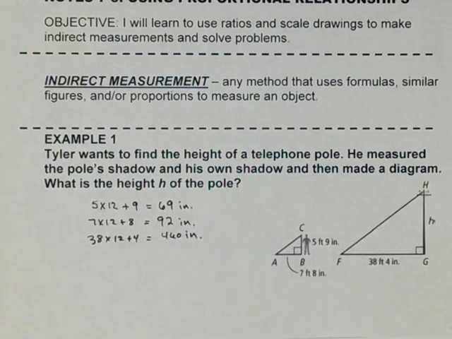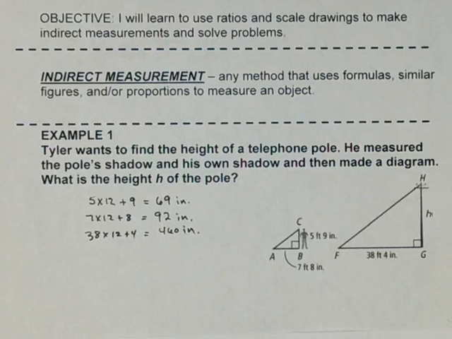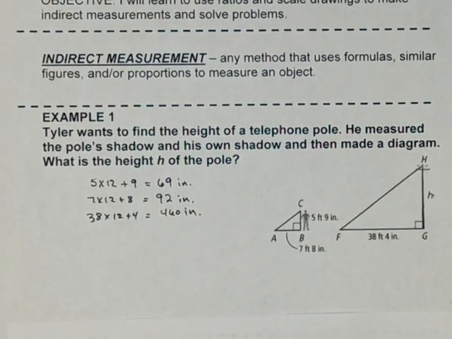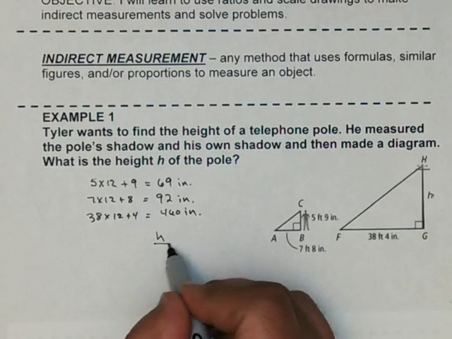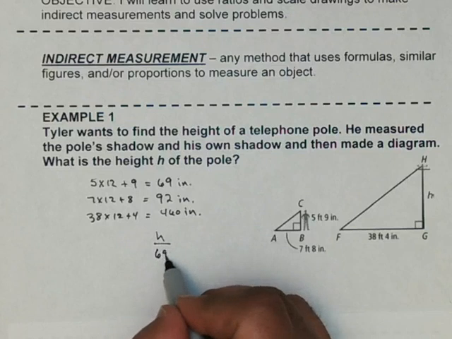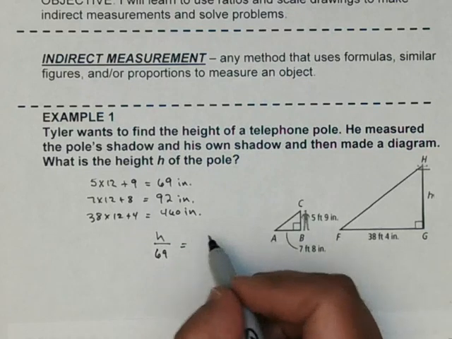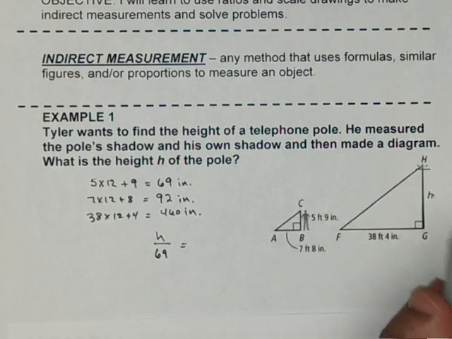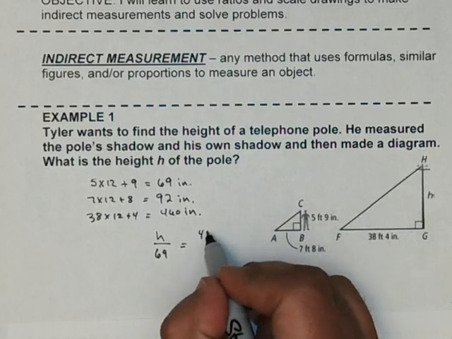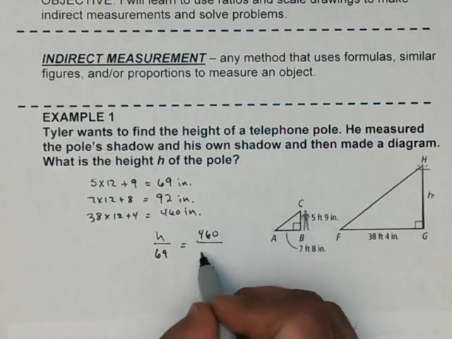And these are going to be the numbers that we use to set up the proportion. So nothing too difficult here. We're going to do h for height over 69 is the same thing as 460 over 92.